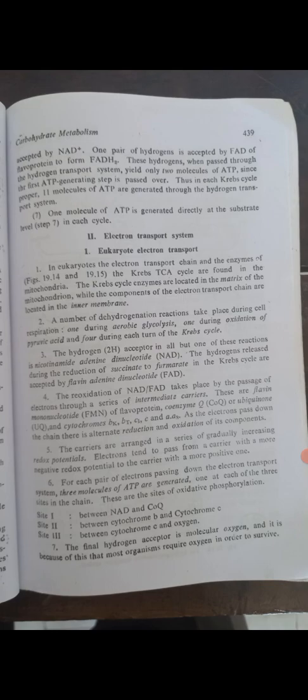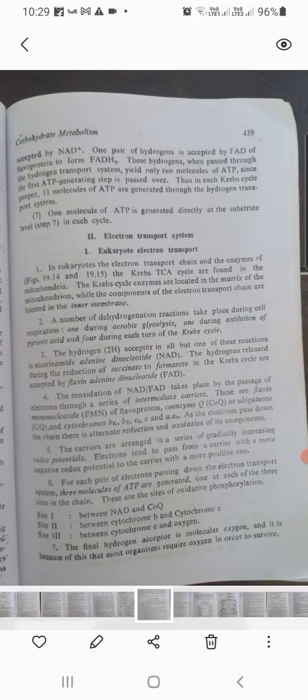The hydrogen released during the reaction of succinate to fumarate is accepted by FAD, that is flavin adenine dinucleotide, in the Krebs cycle. The reoxidation of NADH and FADH2 takes place by the passage of electrons through a series of intermediate carriers. These are flavin mononucleotide, that is FMN, a flavoprotein, coenzyme Q or ubiquinone, and cytochromes b, c1, c.